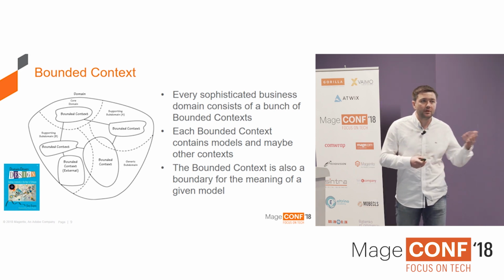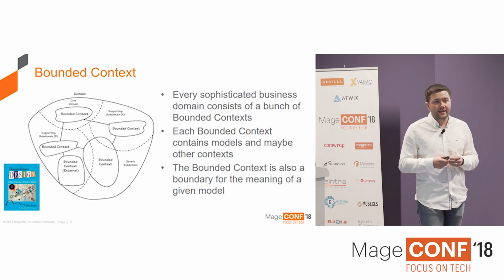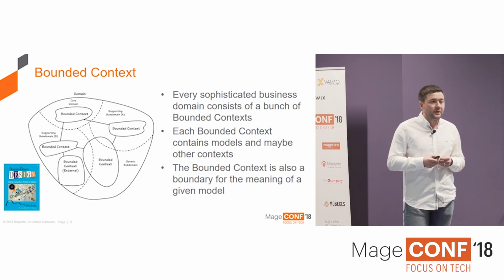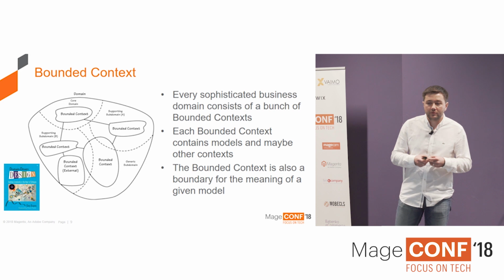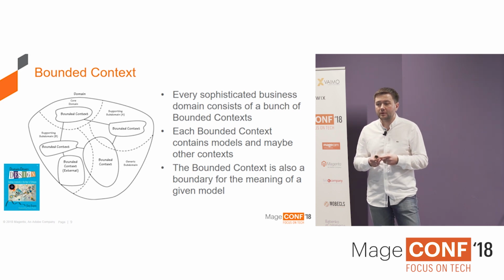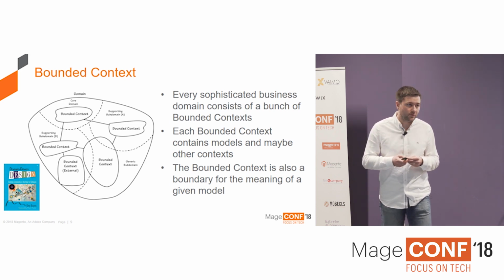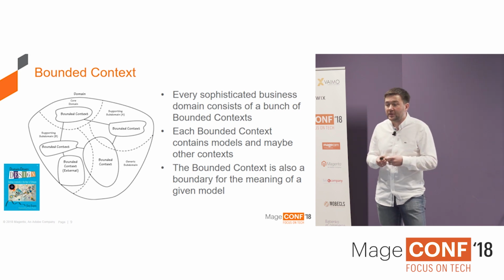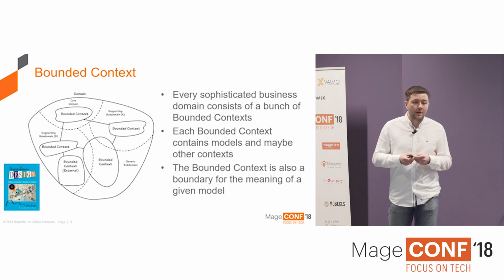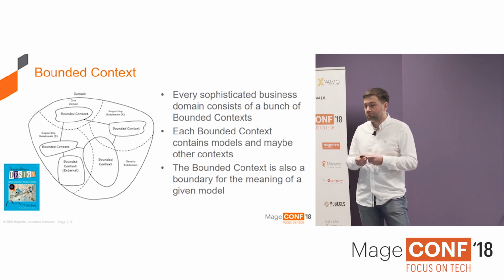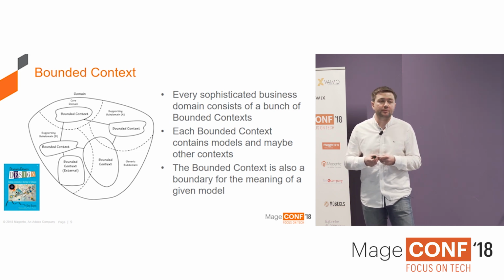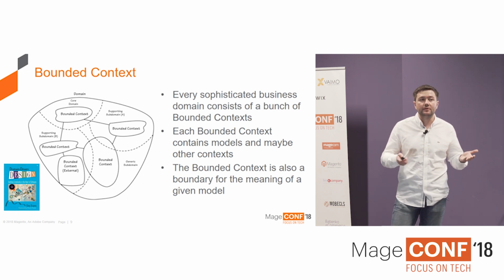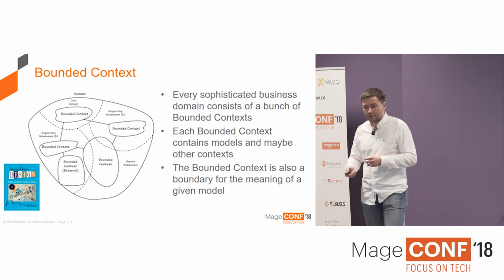For example, a product in a catalog will have a totally different meaning from the inventory point of view, because we don't need any knowledge regarding the media data of the product, or many of the attributes which the catalog is supposed to know about.